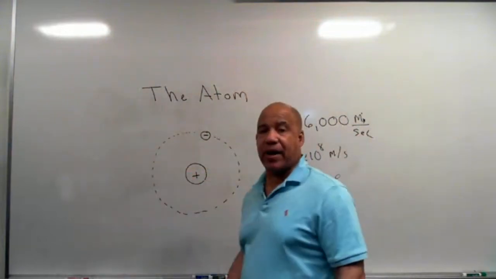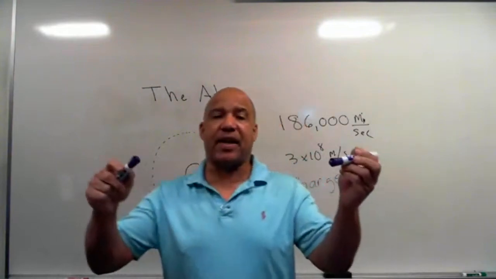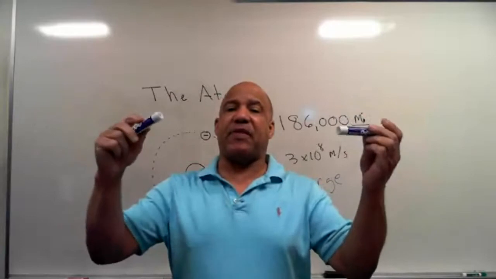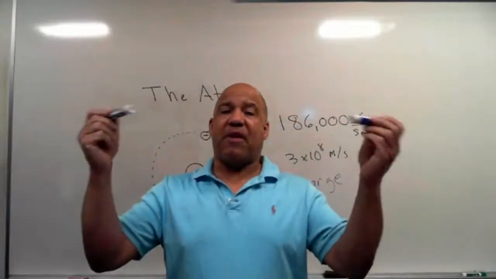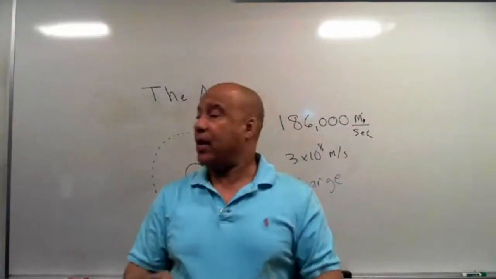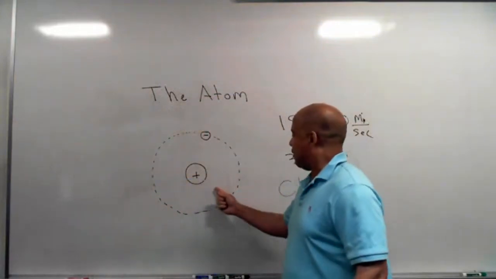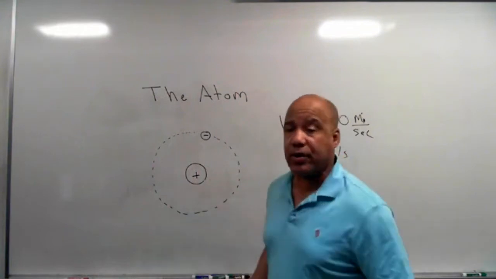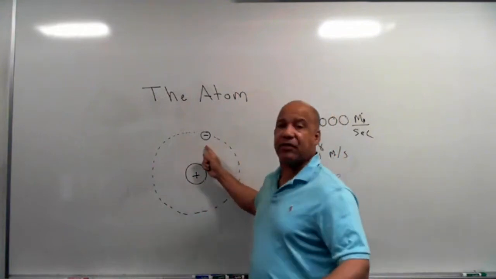Charge behaves exactly the same way. If I have two things that have positive charge, they repel each other. If I have two things that have negative charge, they repel each other. But if I have a positive charge and a negative charge, they attract each other. So here I have the nucleus of this hydrogen atom, the proton, has a positive charge. And the electron has a negative charge.